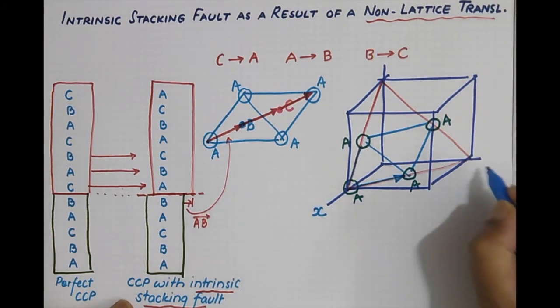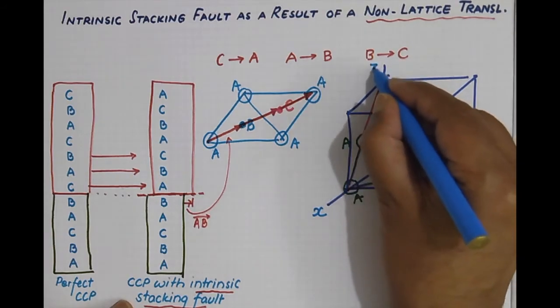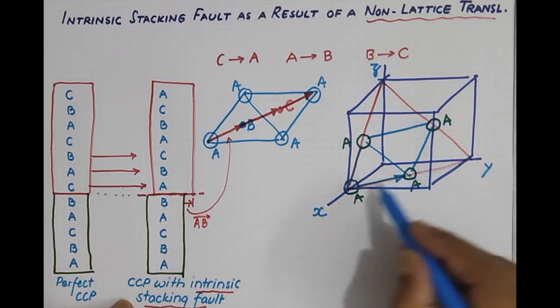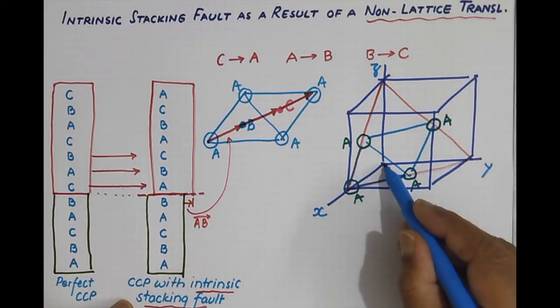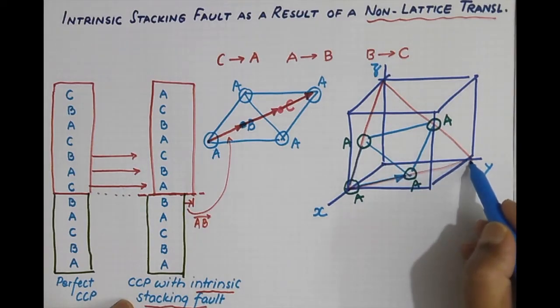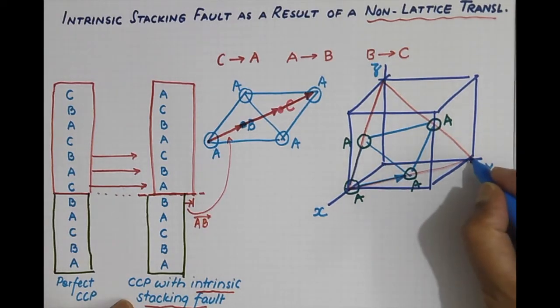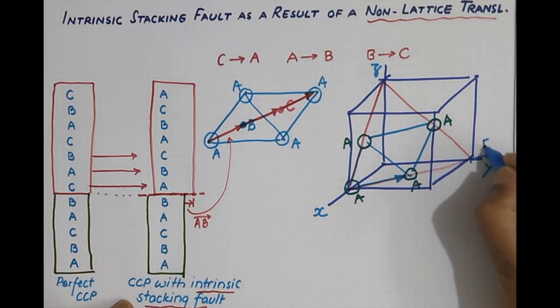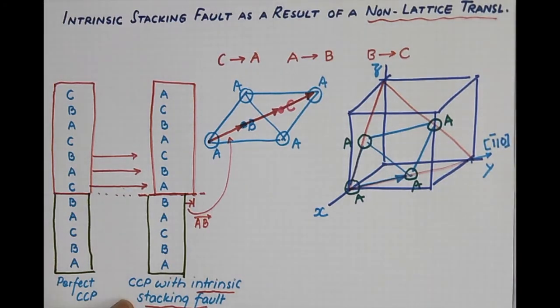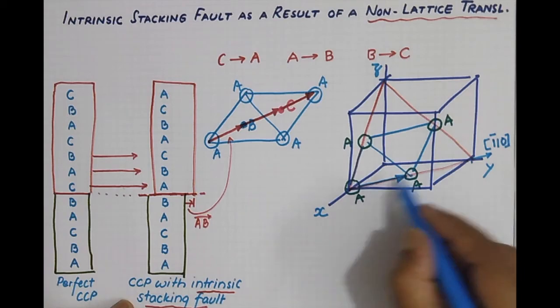So if I use my coordinate system, this diagonal is -1 in the x direction and plus 1 in the y direction. So this vector was -1, 1, 0 vector. So the AA vector is half of that.